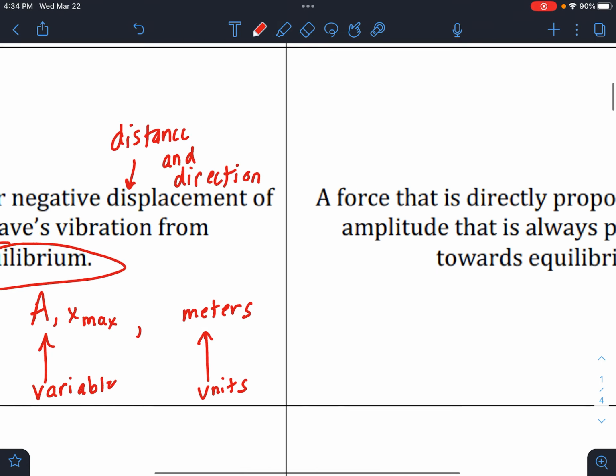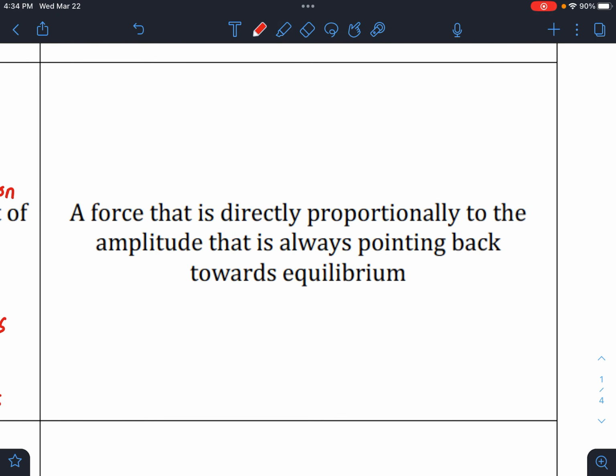Okay. Now I'm going to add a little bit to this. A force that is directly proportional to the, I'm going to cross out amplitude and write displacement, that is always pointing back towards equilibrium. So this doesn't mean much now, but when I give you examples, hopefully this will make more sense. That is called a restoring force. Whenever there's a force that wants to bring an object back to essentially its lowest energy, it's called a restoring force.